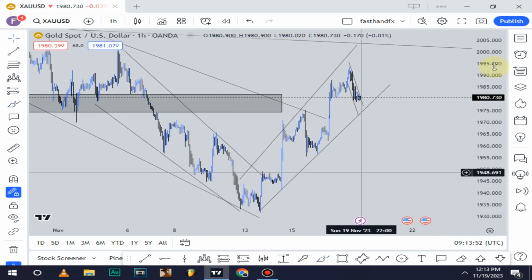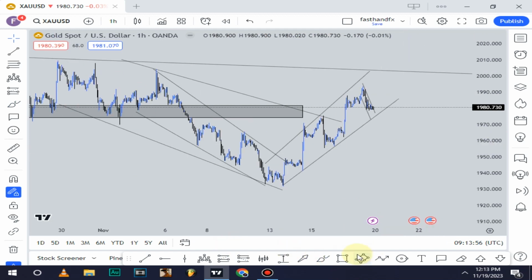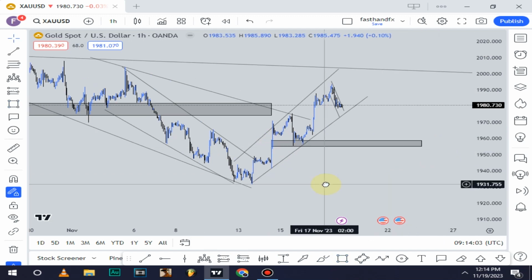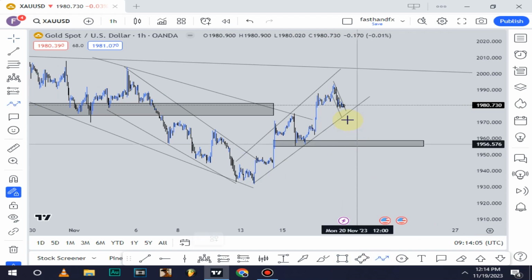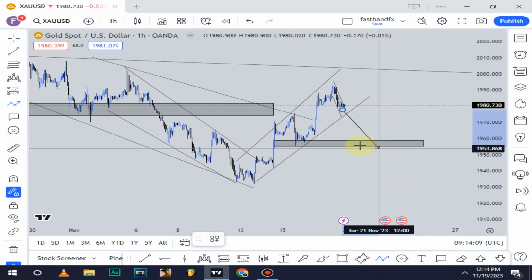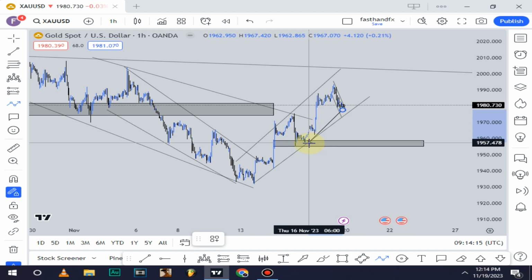So the reason why I'm talking about buys is this, guys. If gold wants to go down, it has to go back and break this last structure. So there's no way the market, I believe, will still go up, right? That is, if it wants to go down, that is to give us a confirmation that now the market is from bullish to bearish, then this low has to be broken.